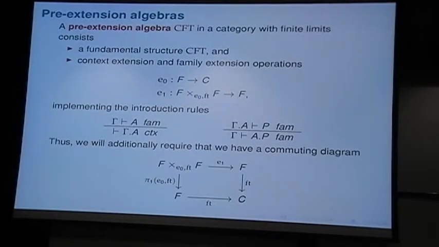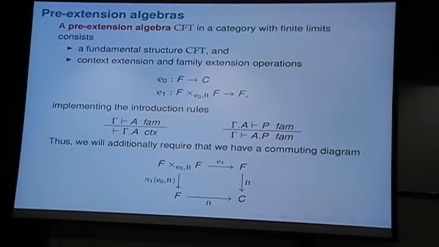So in this pi 1, you take the A, and then this foot tells you go to the underlying context of A, which is gamma. And then the upper thing says, well, first you extend, look at the underlying context, it has to be gamma again. So this diagram has to commute. Okay, but this doesn't say anything yet about the associativity. That's why I call it a pre-extension algebra and not an extension algebra.